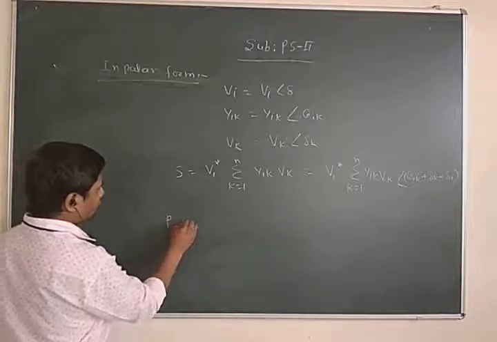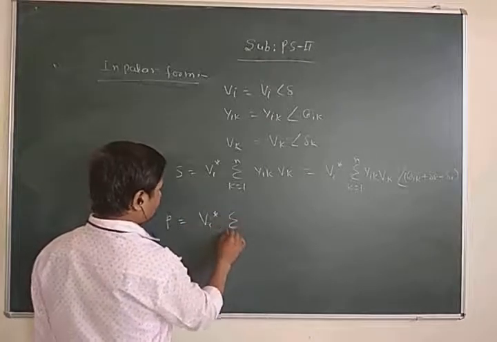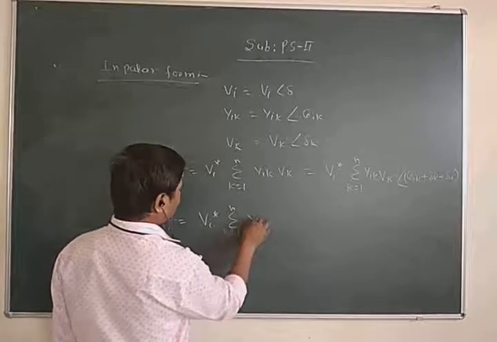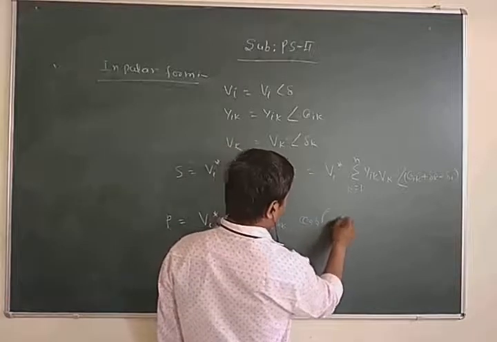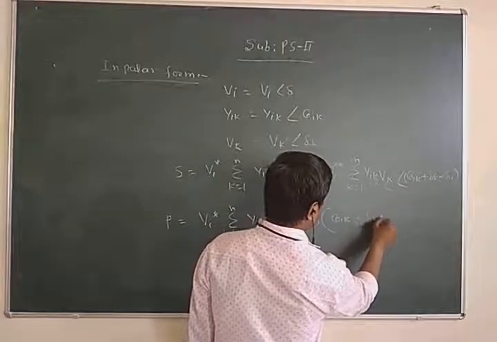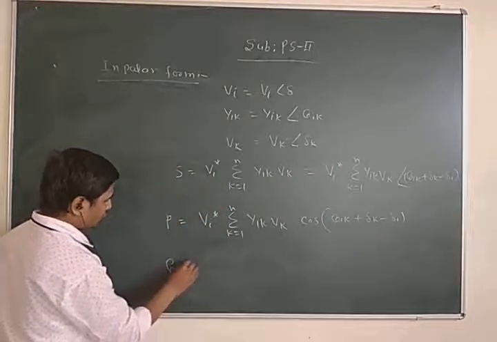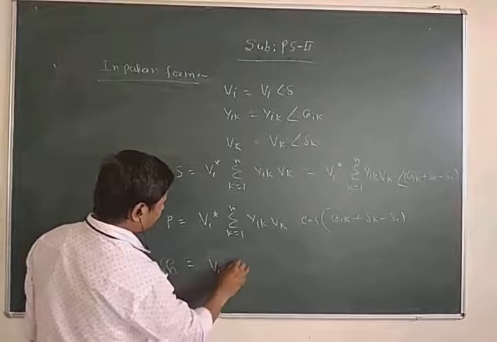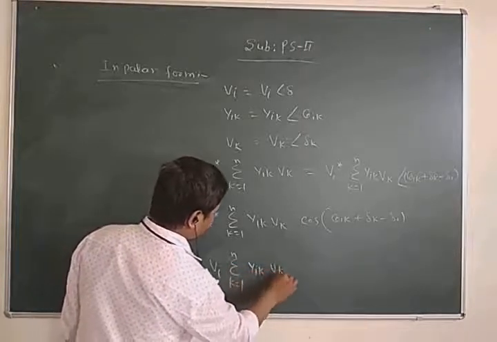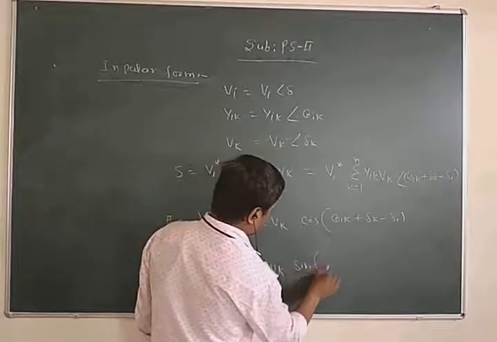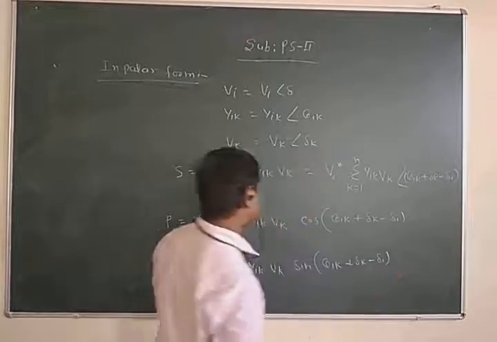So P is equal to V_i conjugate sigma k is equal to 1 to n Y_ik V_k cos of theta_ik plus delta_k minus delta_i. And the imaginary part Q is equal to V_i sigma k is equal to 1 to n Y_ik V_k sin of theta_ik plus delta_k minus delta_i.